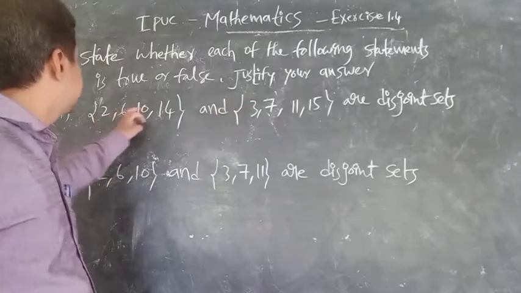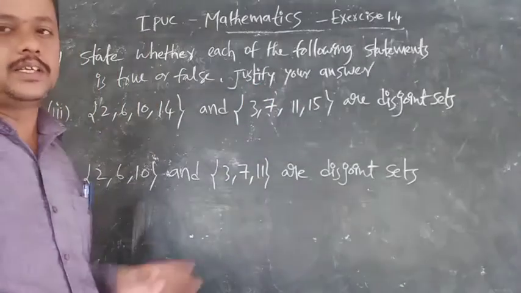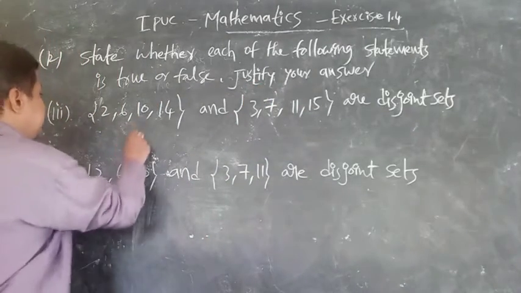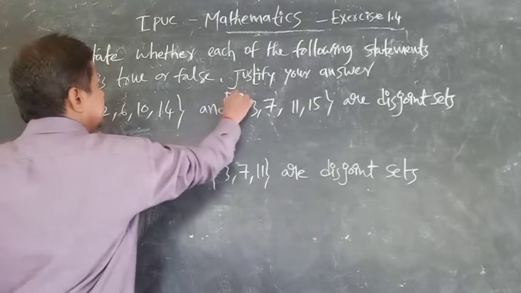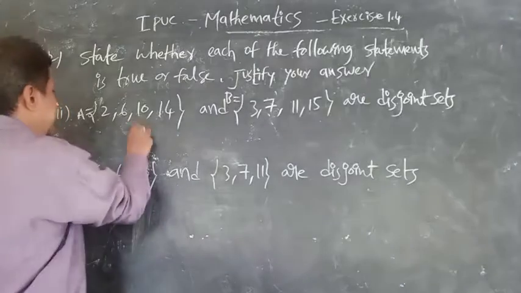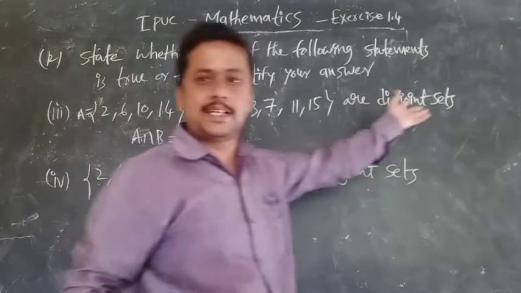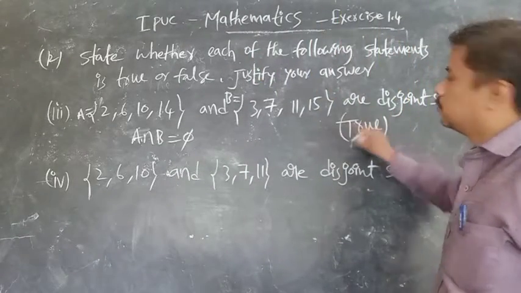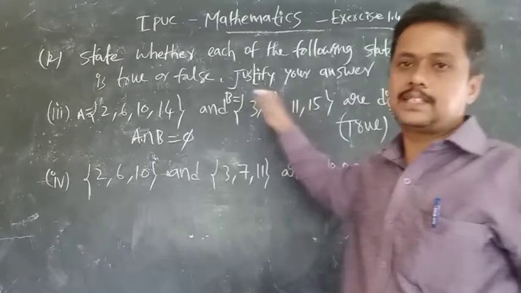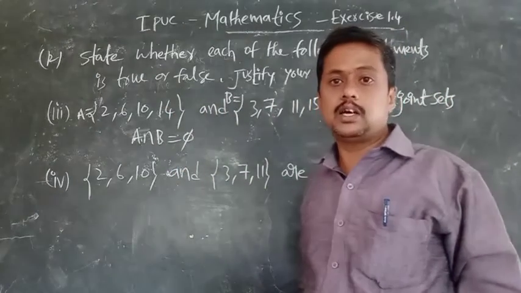This is considered as A, this is considered as B. If you consider like this, A intersection B equals what? Phi. Therefore these are disjoint sets. So what is true or false? It is true, because these are disjoint sets and there is no common element.